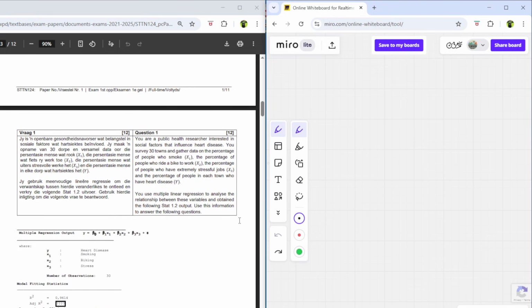So question one here is from study unit one, and study unit one is all about multiple regression and correlation. You are a public health researcher interested in social factors that influence heart diseases. You survey 30 towns and gather data on the percentage of people who smoke, which is denoted by X1.